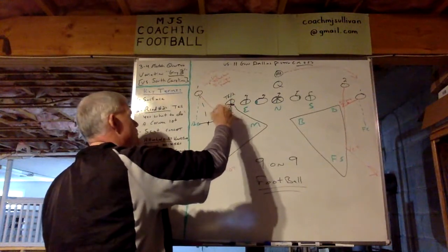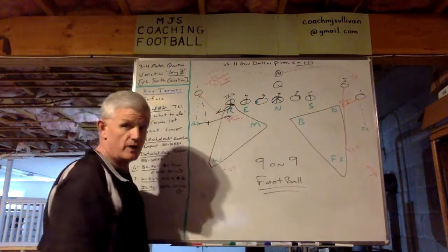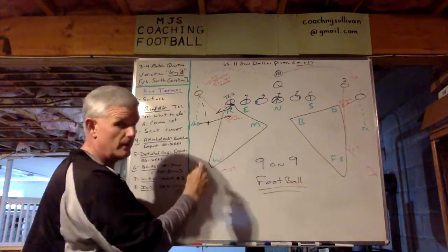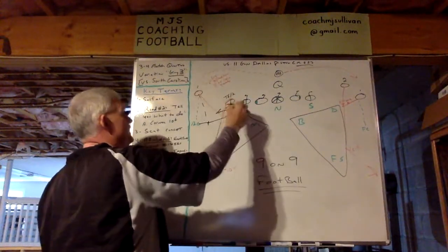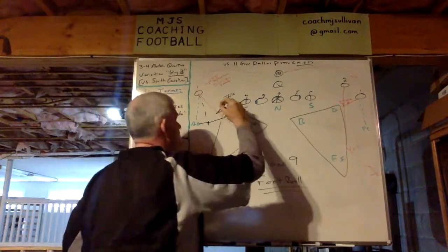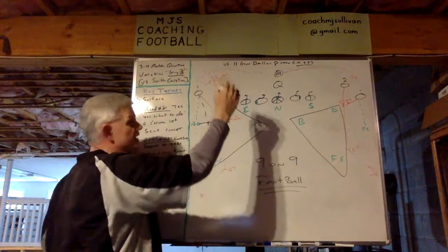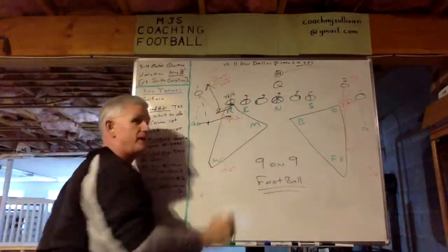So now as he expands, he's going to see, right, that 2 is vertical. And here's the key. If he could see that 1's coming in and he's got to immediately turn and get his eyes, then he can go get the back now.